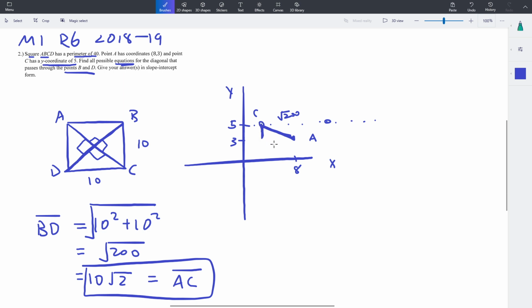Alright, so what I'm noticing here is that the y differential between A and C is actually going to be 2, between 3 and 5, of course. So we have the square root of 200, and we have 2 on the left. Now, if this reminds you of anything, well, there's this diagonal thing, and there's a vertical thing.